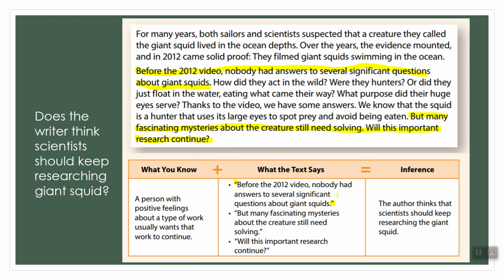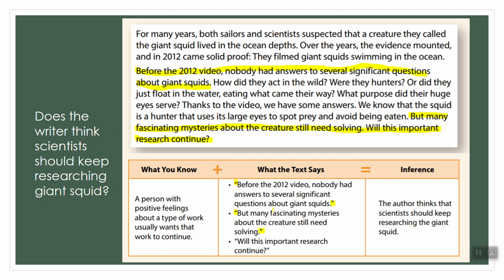So this helps me because the writer is saying that there were lots of questions with no answers before the research began. Another piece of textual evidence that helps make an inference is when the writer says, "But many fascinating mysteries about these creatures still need solving."